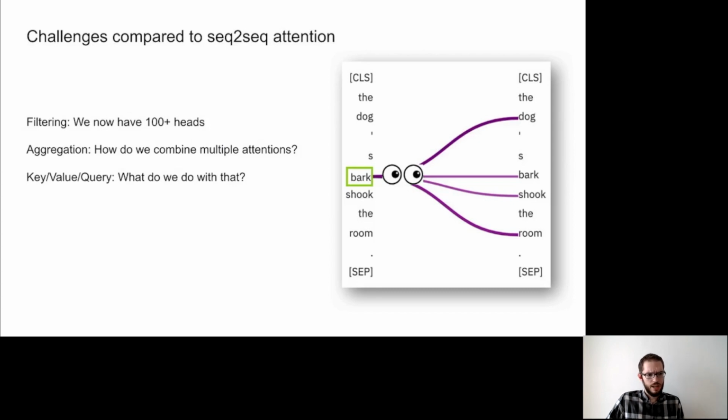We also now have this split into the key, value, and query, compared to what we previously used, which is simply the hidden state, which acts as both the key and the value of a particular token. And the query would simply be our output, our decoder hidden state. So now we need to find some kind of visual interface that addresses these challenges in an effective manner.